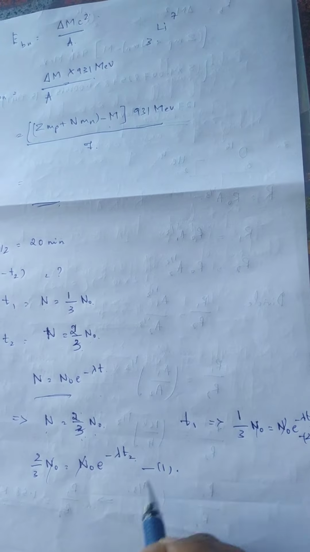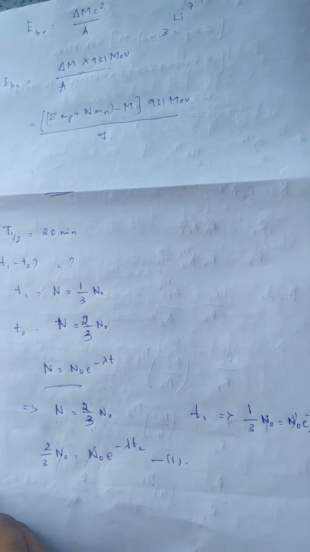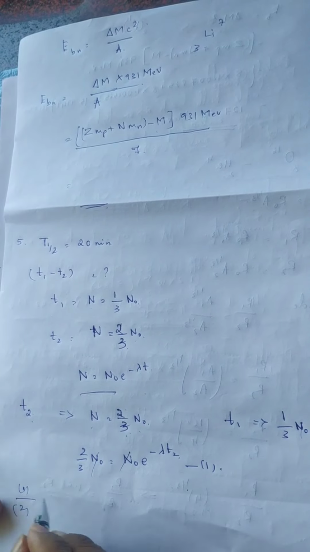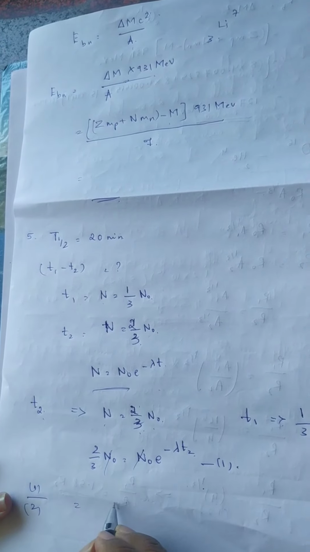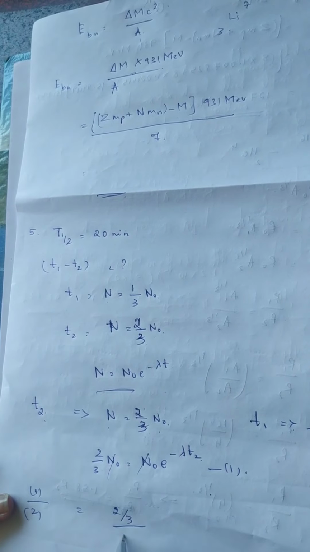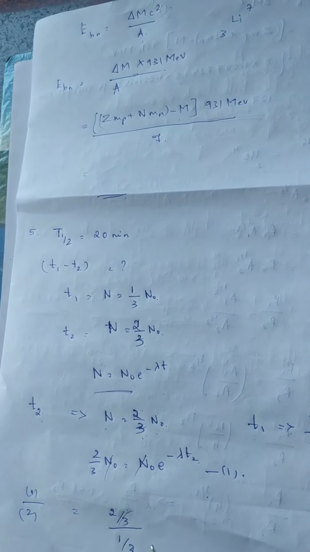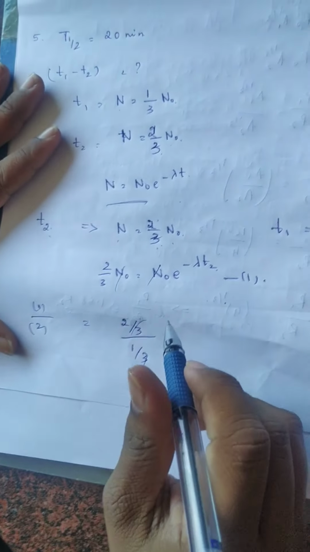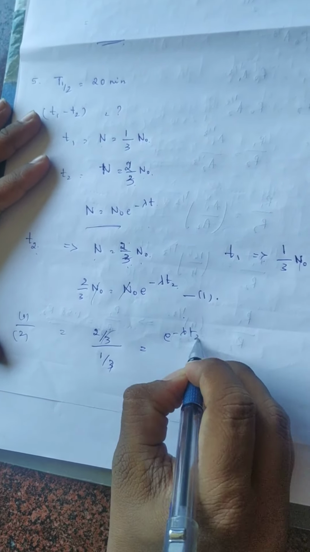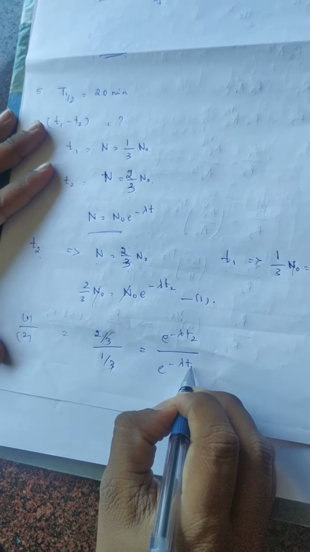Now let us divide equation 1 by 2. What happens? So we will be remaining with 2, which is equal to e to the power of minus lambda T2 by e to the power of minus lambda T1, right?